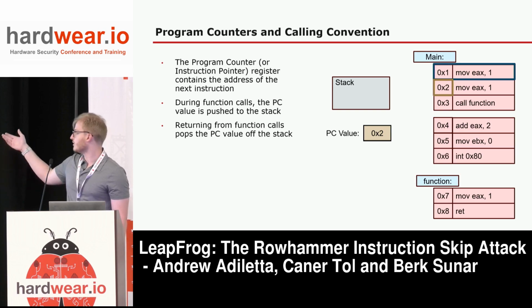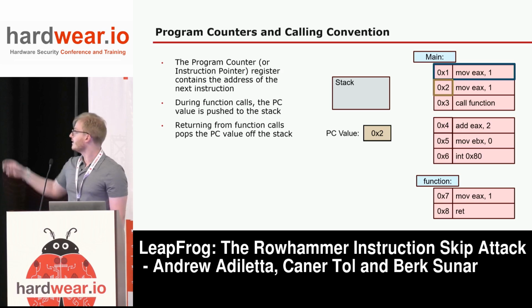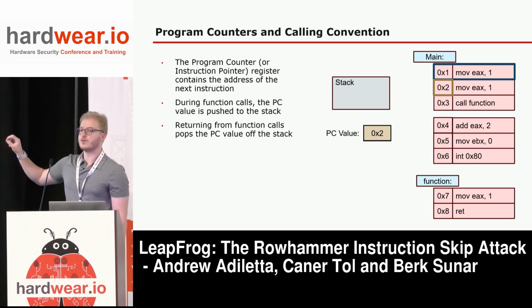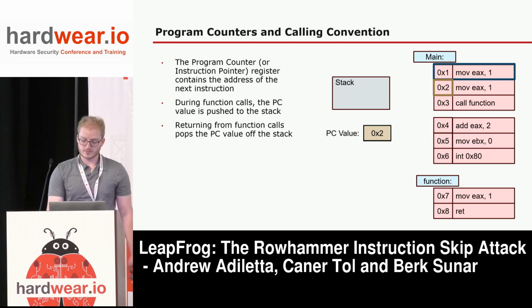We have our main function, and then a function that gets called by main. Obviously we start at address 1. It's this move instruction, and the program counter is storing a value of 2. That's the address of the next instruction. You can see we move down here and we'll execute instruction 2 at address 2, and the program counter is 3.